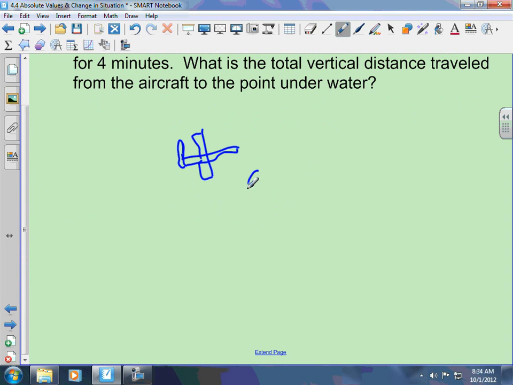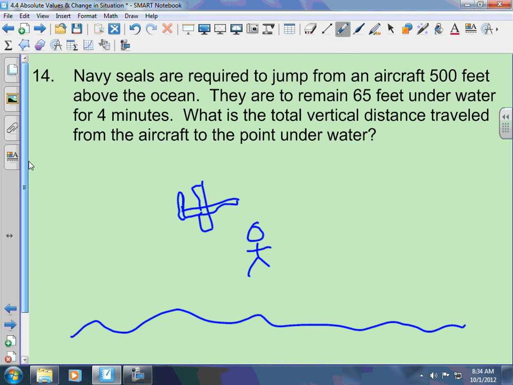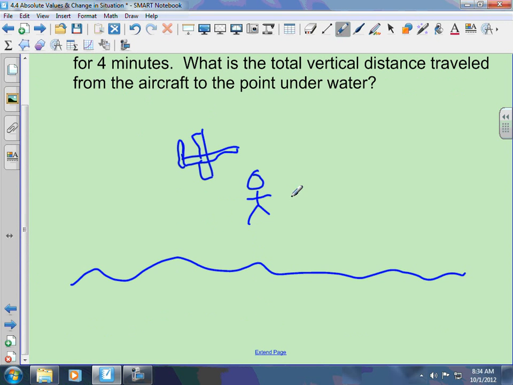So they jump out of the airplane. Hopefully they have a parachute. They hit water. How far under the water do they travel? 65 feet. So here, the dude drops 500 feet, hits the water, and goes 65 feet under the water.